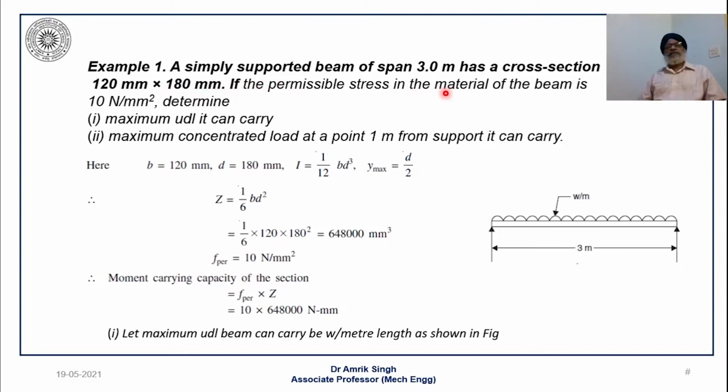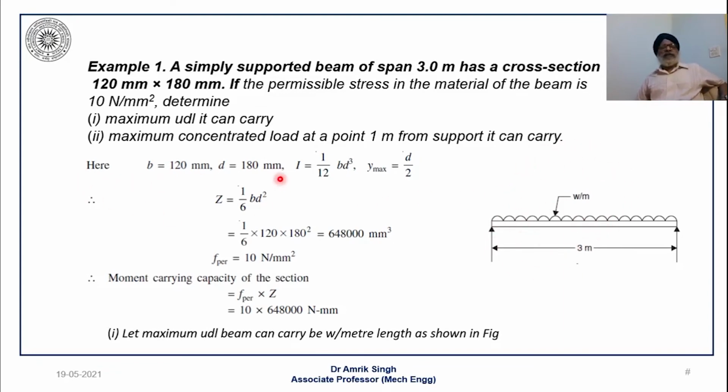If the permissible stress in the material is given as 10 megapascal, determine the maximum UDL it can carry, and the maximum concentrated load at a point 1 meter away from the support it can carry. So let us assume that the uniformly distributed load is W per meter.